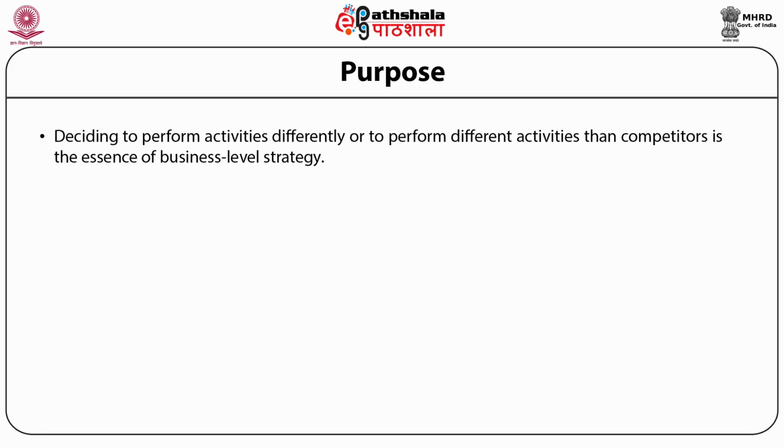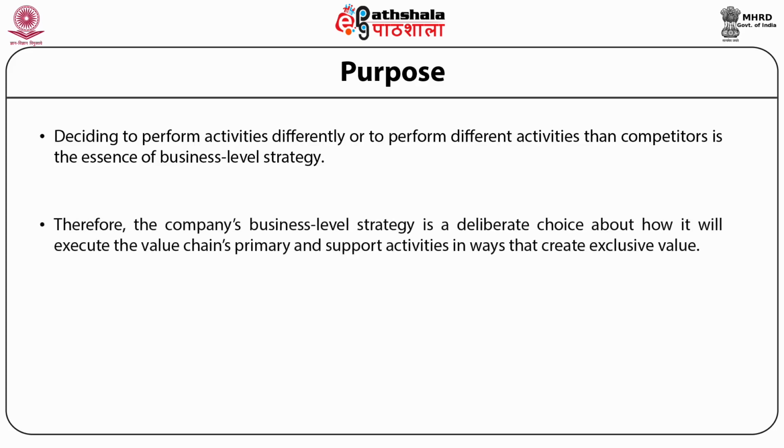Now, deciding to perform activities differently or to perform different activities than competitors is the essence of business level strategies. Therefore, the company's business level strategy is a deliberate choice about how it will execute the value chain's primary and support activities in the ways that create exclusive value.